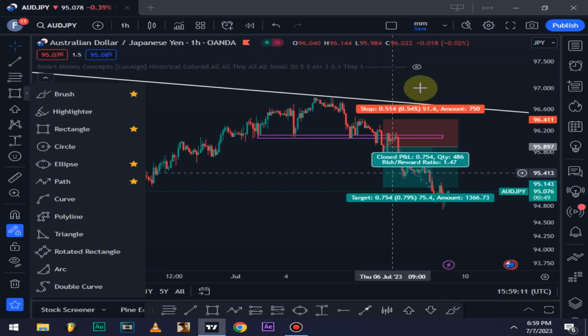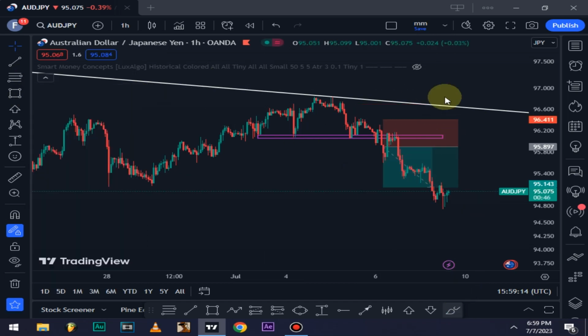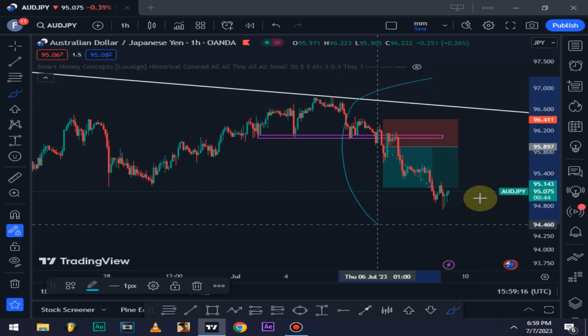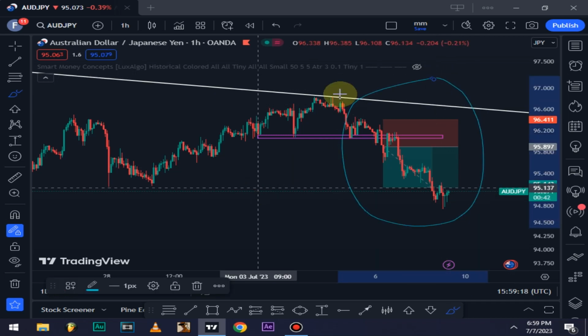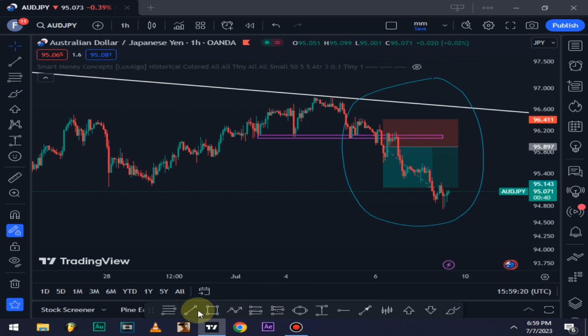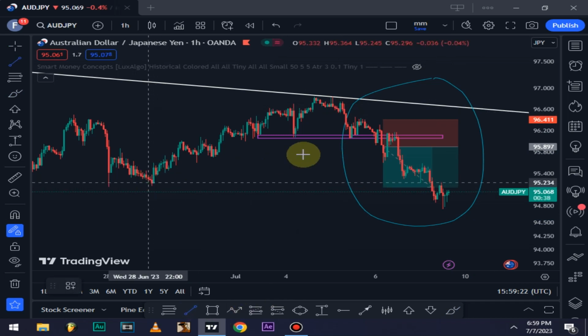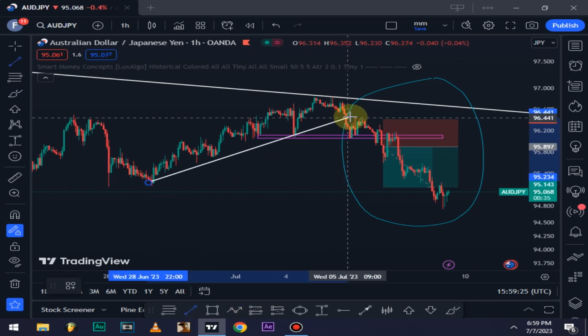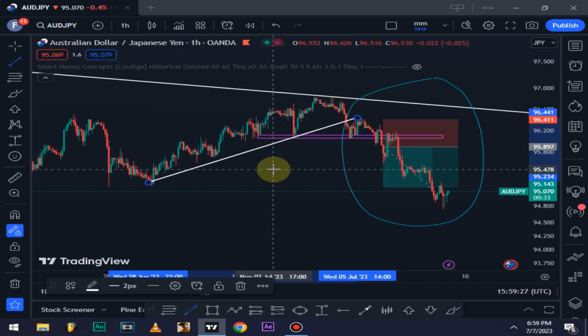Before this movement over here, this is where the price was at. So I saw this uptrend.